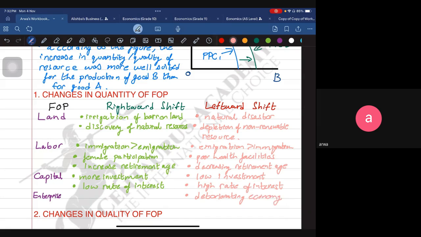So in a deteriorating economy, this can happen, right?